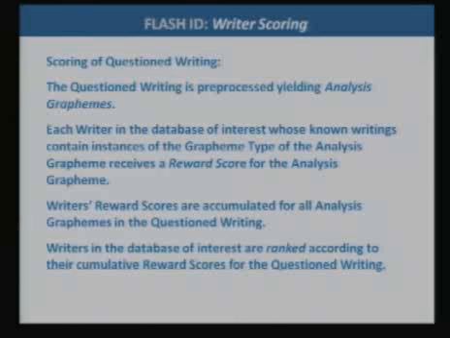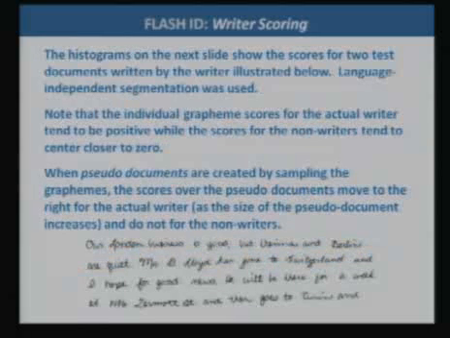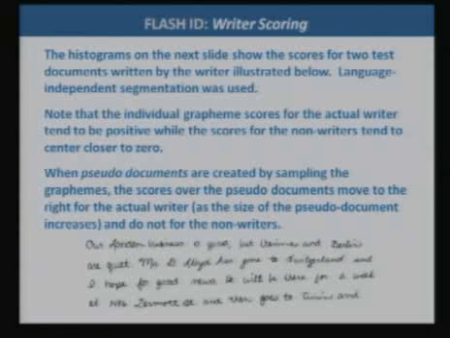And I do that for every grapheme that we chunked out of that question writing. And what you're going to see is that the true writer is going to look more like those graphemes than any other writer through just random similarity. I'm going to show you that via a couple histograms that are on the next slide.